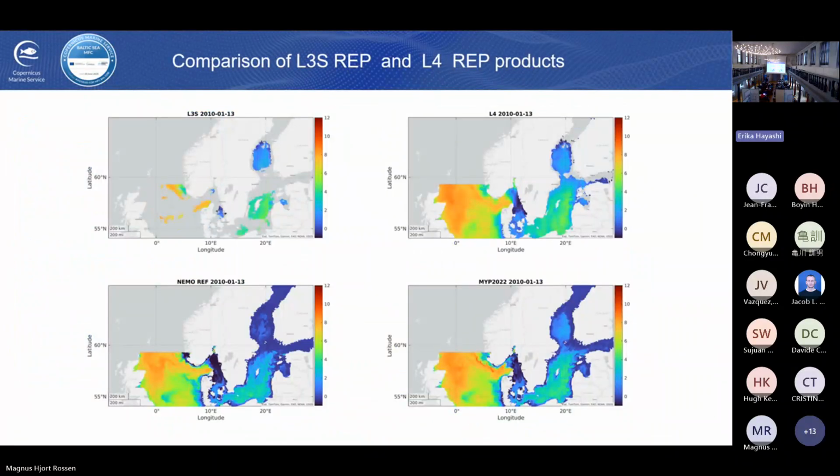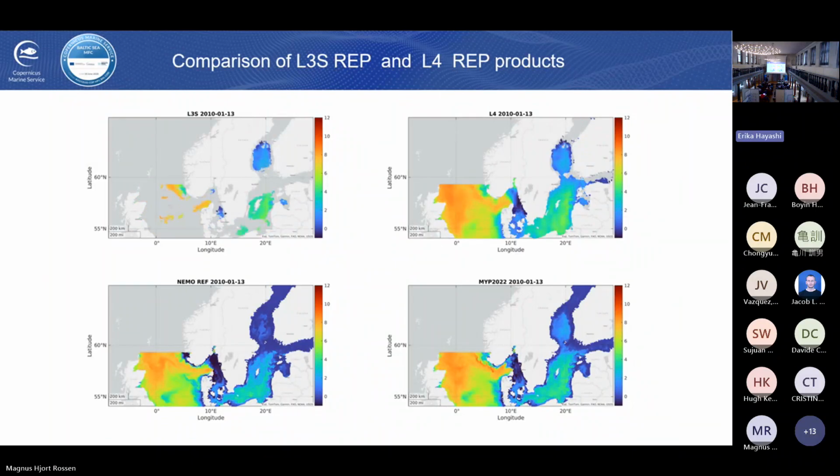So when we are assimilating the level 3S and comparing to level 4, what we are looking for in the products is obviously low errors, spatial and time consistency, but also how the products represent sharp gradients.